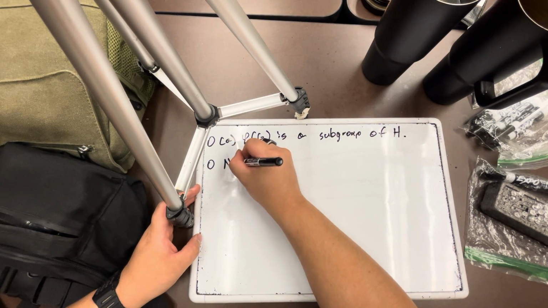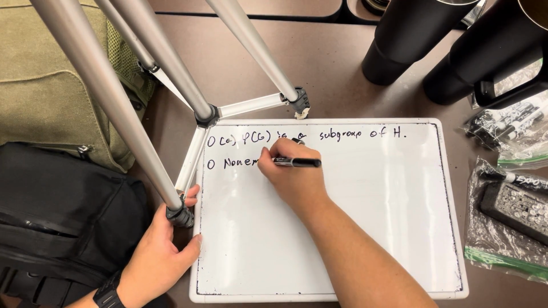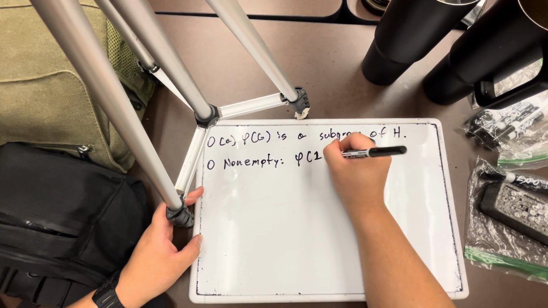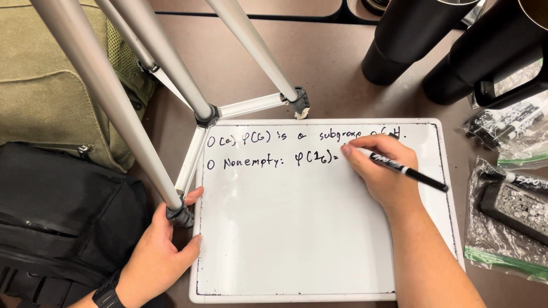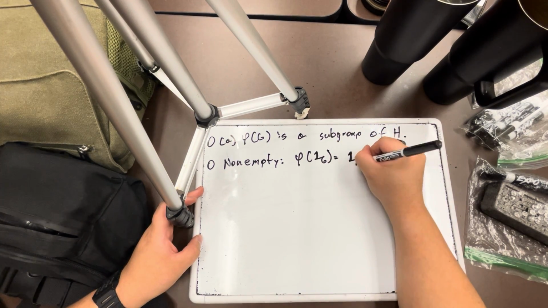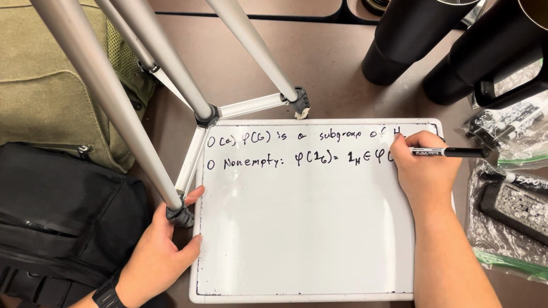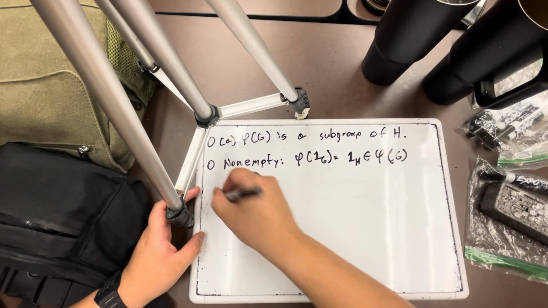Is it the case that this thing is non-empty? Well, φ of the identity of G is equal to the identity of H, which is contained in φ(G), right? So yes, it is non-empty.